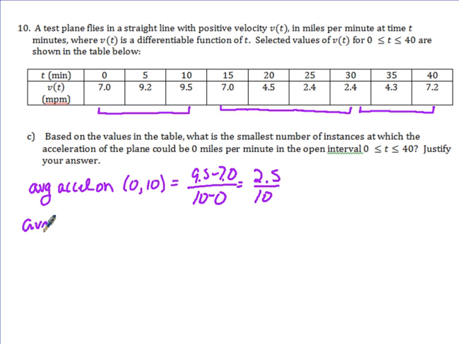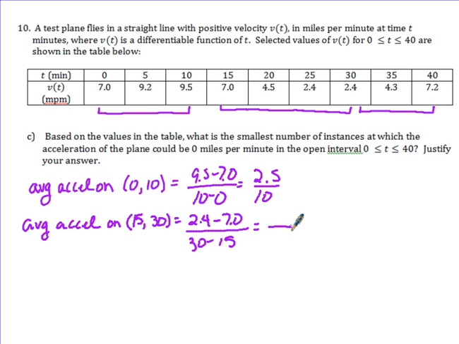When we do our next interval, average acceleration on 15 to 30, if I substitute in those values, 2.4 minus 7.0 over 30 minus 15, this time we get negative 4.6 over 15.